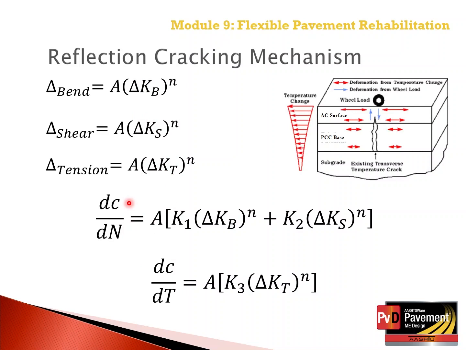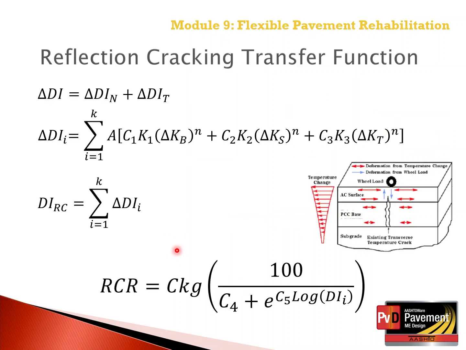And again, the total increase in crack depth is basically defined by the increases in the number of wheel loads as well as the increasing number of thermal cycles. These two are initially kept separated because one is from a thermal event and the other is from a traffic load event.